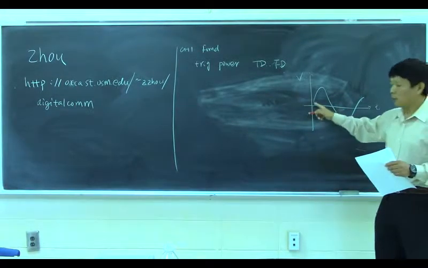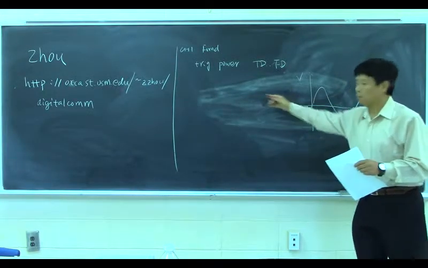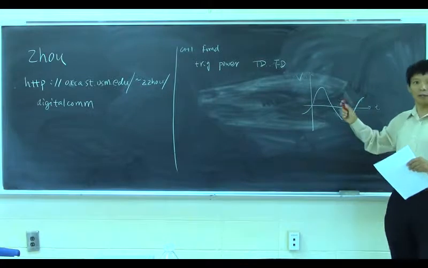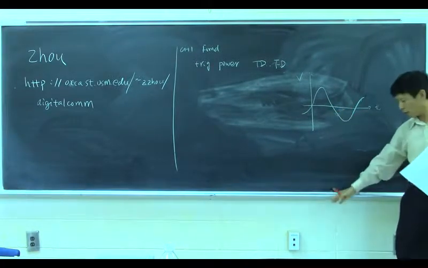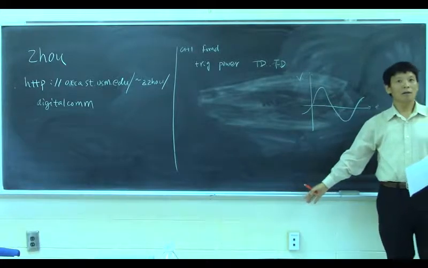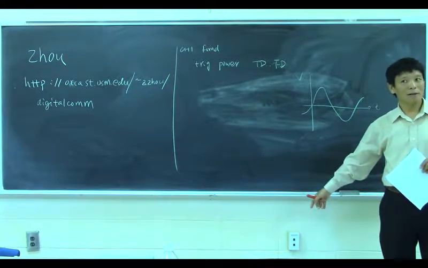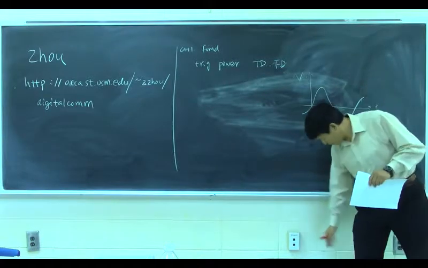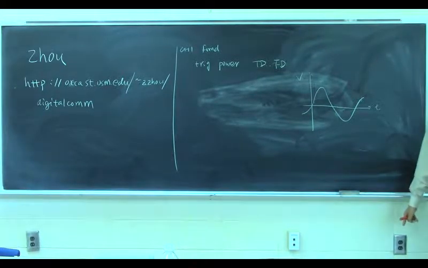Suppose this is a perfect ideal sinusoid function, extended to infinity on both sides. Then we know this one has a single frequency. For example, what's the frequency on this outlet? We know this is a cosine or sine function, right?